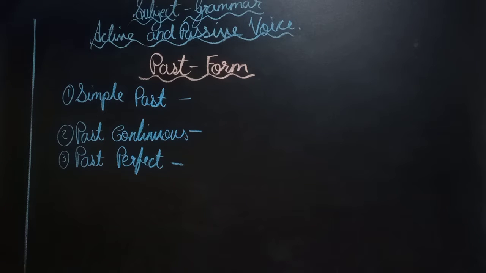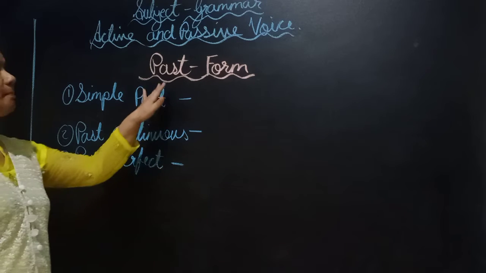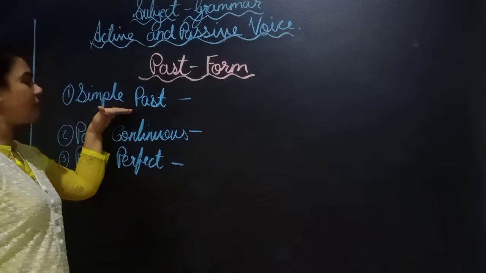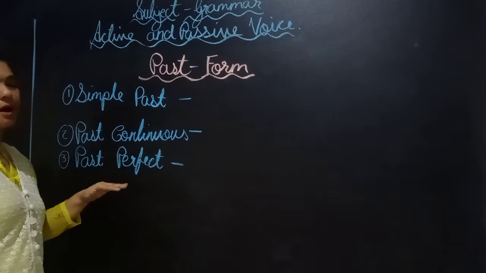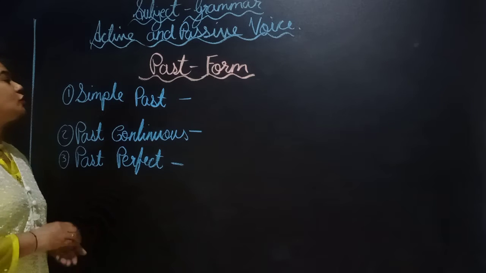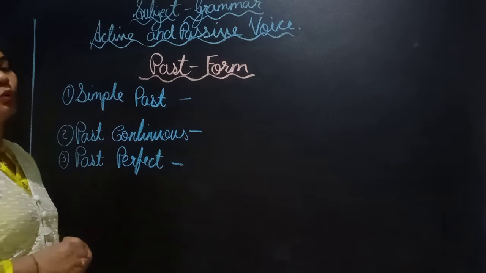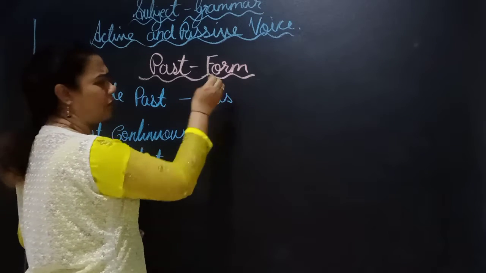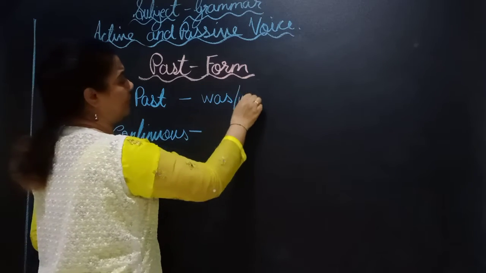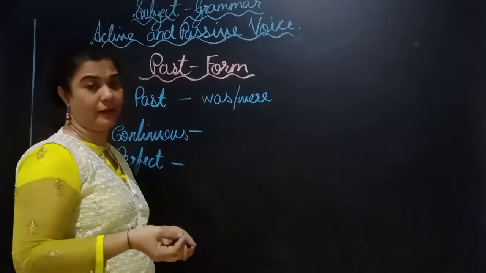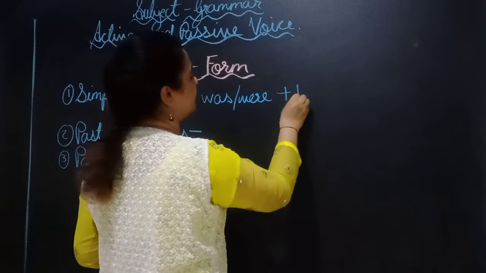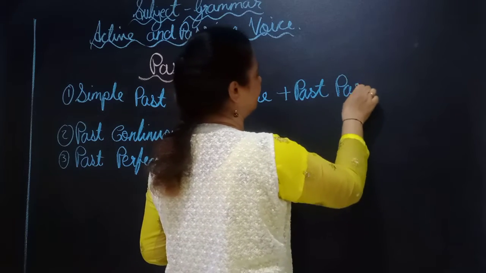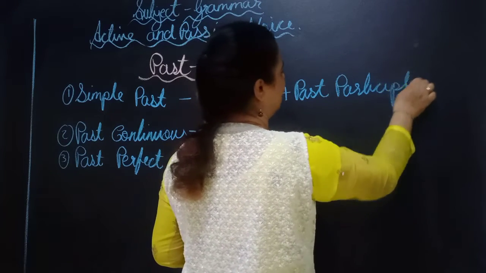Yes, students, you all can see here I have given you the past forms now. And in past we have simple past, past continuous and past perfect. Right? So for simple past you will need what auxiliary verbs? That will be was or were, according to the subject, plus past participle. Right?